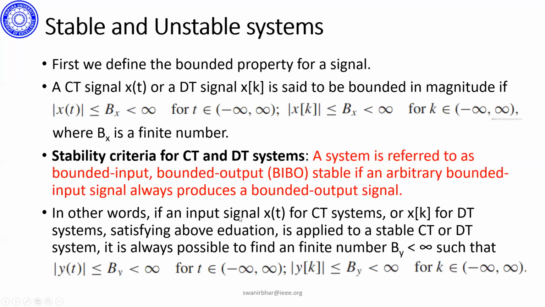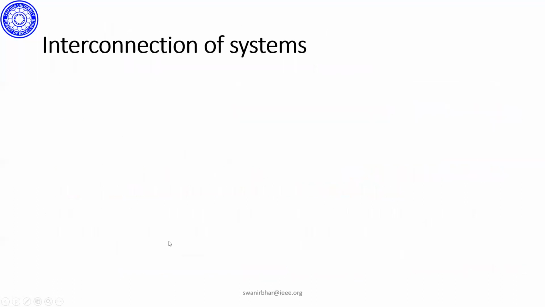So in other words, if an input signal x(t) for continuous time signals or x[k] for discrete time signals satisfies the above equation, then it is applied to the CT or DT system, it can produce bounded output By, and here |y[k]| less than By, then it's called a stable system, otherwise an unstable system.